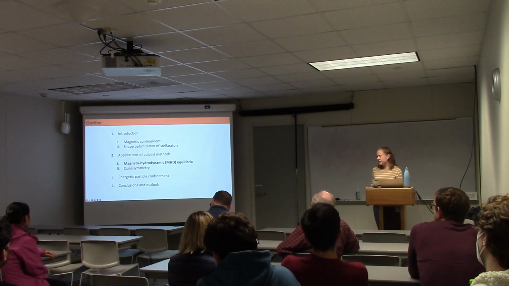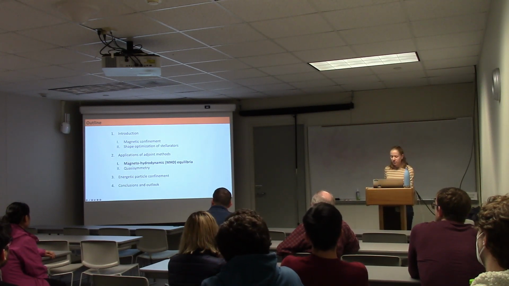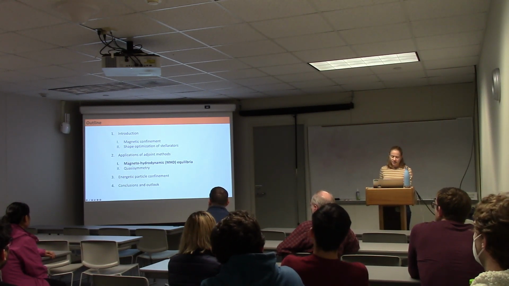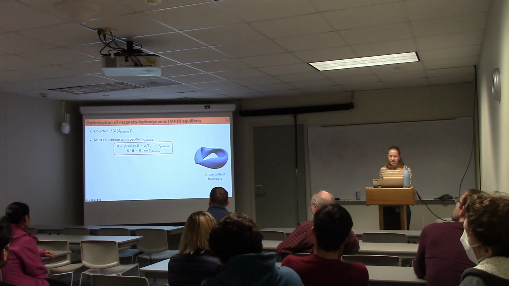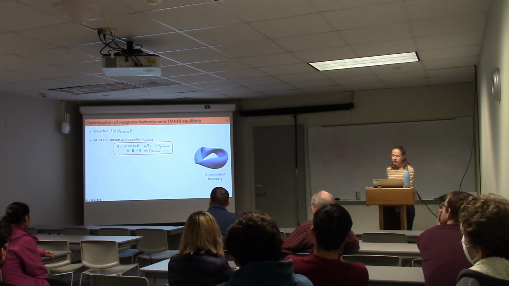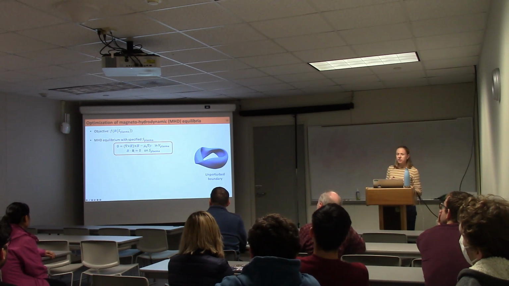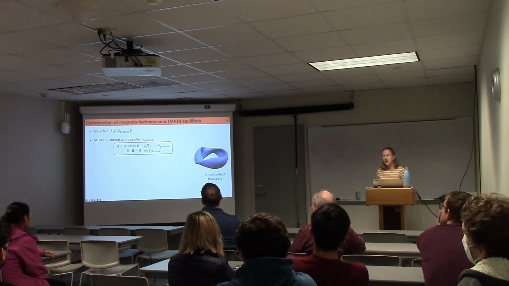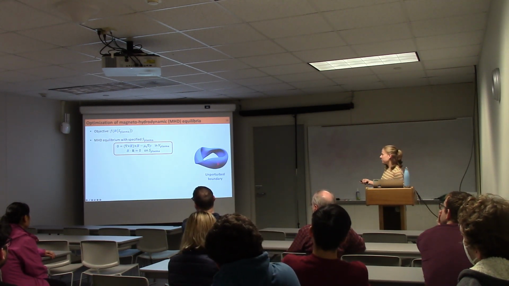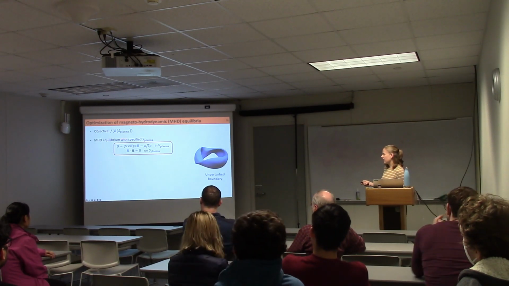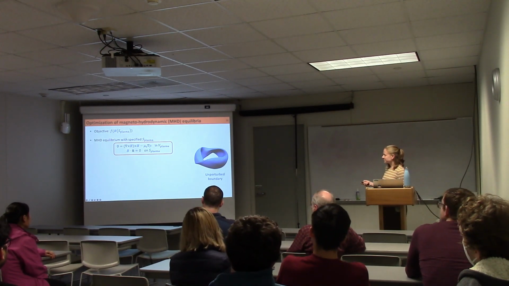So we've put this into practice for several problems of interest for the stellarator. The first is this MHD problem that I talked about before. This is the first stage of that two-stage approach, where we want to find the optimal shape of our plasma that satisfies the MHD equilibrium problem.